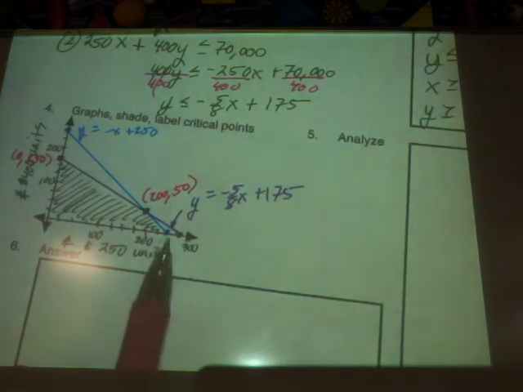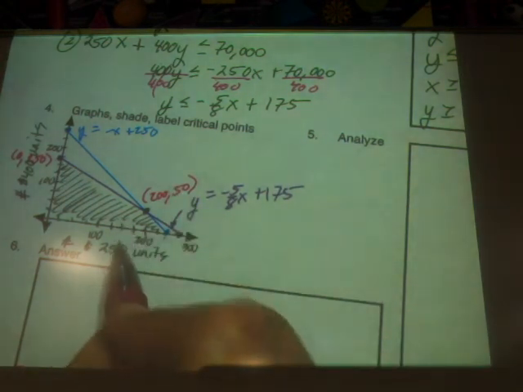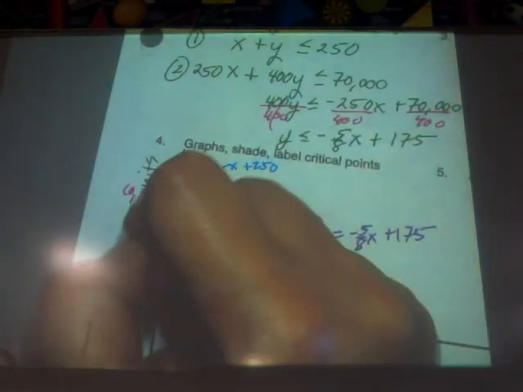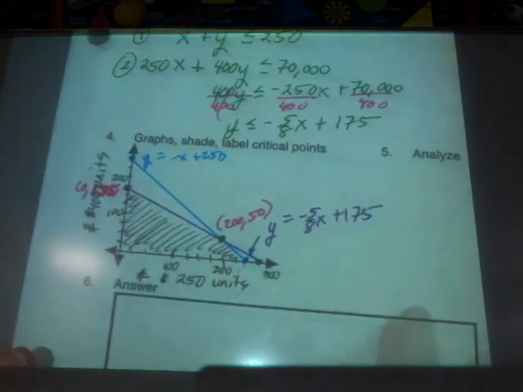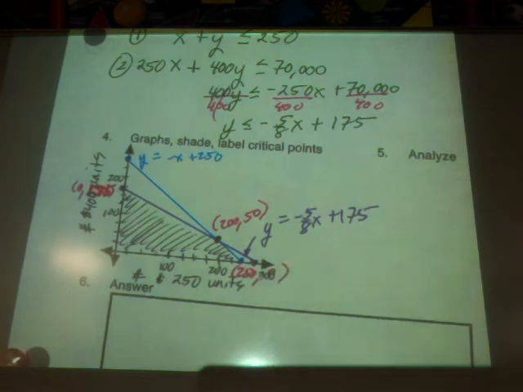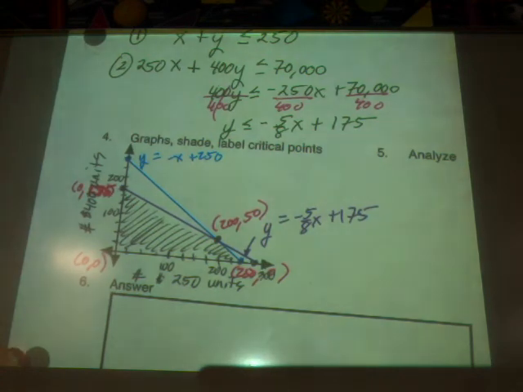And then this point right here, we said was going to be, oh, this one's not 250. What is this one? 175. Sorry. This one is 250, 0. And of course we have 0, 0 here, right? So there's all our points of intersection, or our critical values.